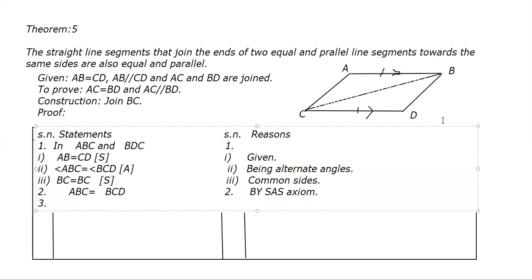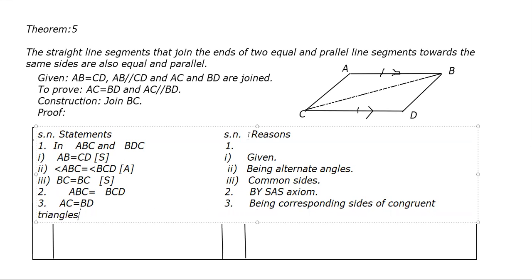If these two triangles are congruent, we can write AC and BD equal because corresponding sides of congruent triangles are equal.